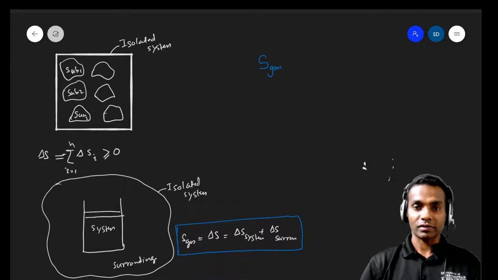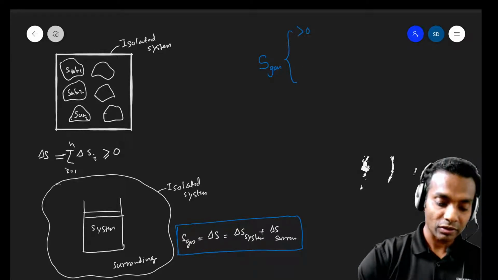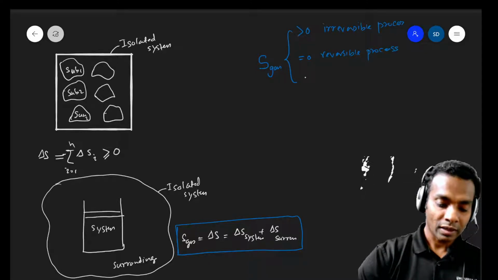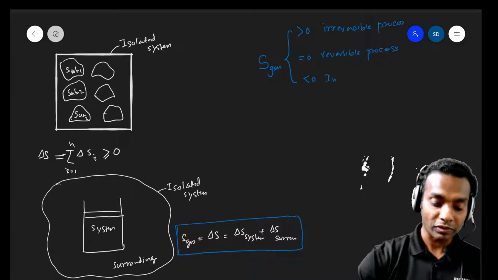There cannot be a process where S gen is less than 0. So S gen is greater than 0 in an irreversible process, equal to 0 in a reversible process, and if it is less than 0, no process can take place. That is called impossible.